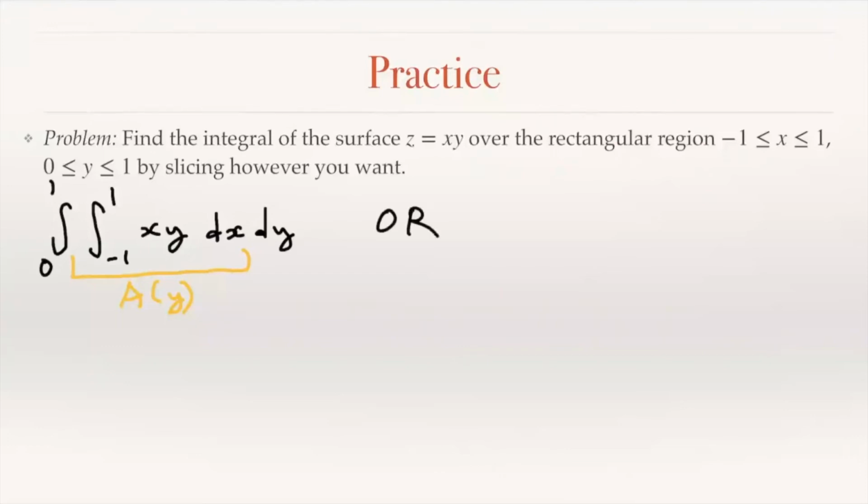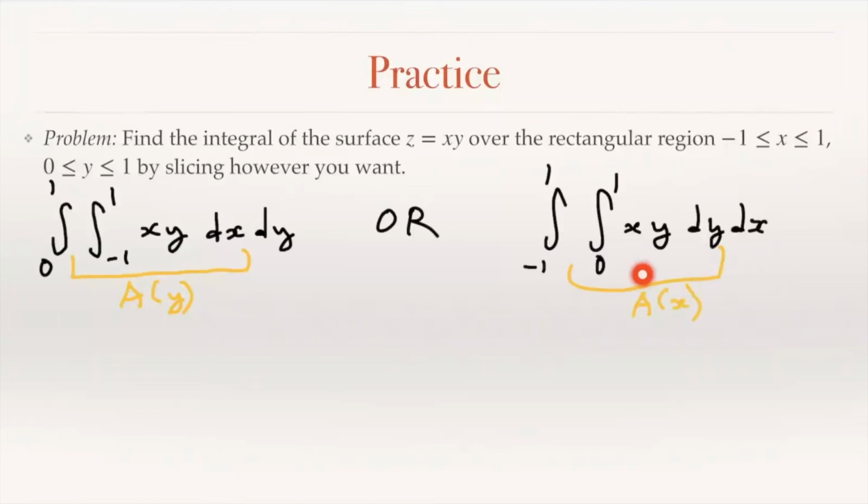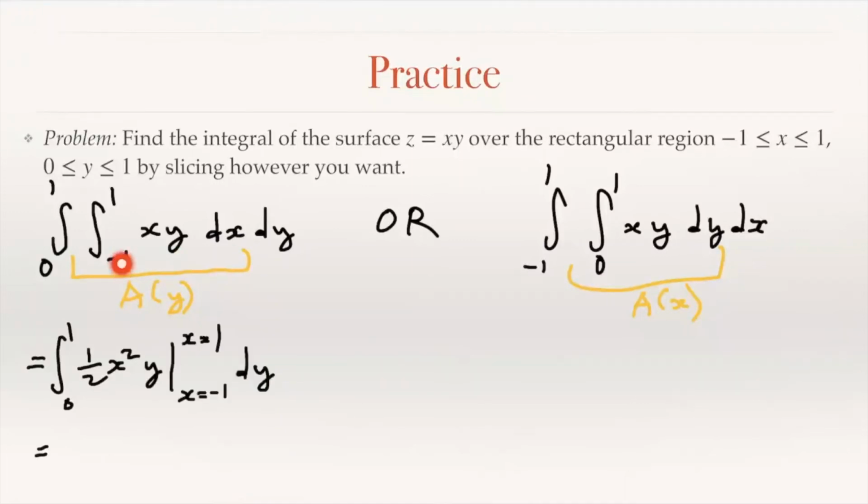Or you could have done it this way, slicing the other way. So evaluating this, the integral of xy dx is 1/2 x squared y from x equals -1 to 1. However, that is the integral of 0 dy, so we wind up with 0.